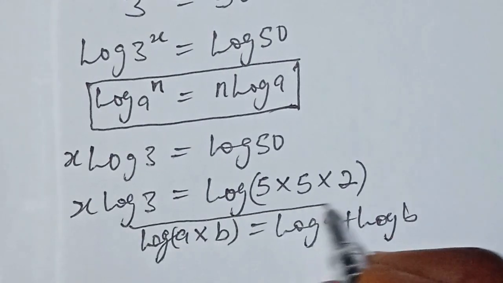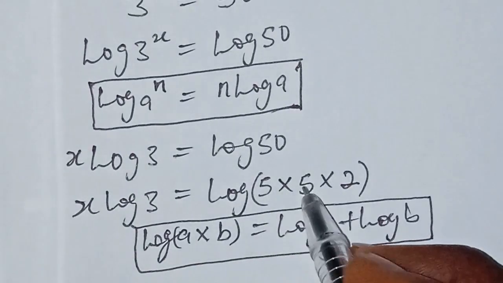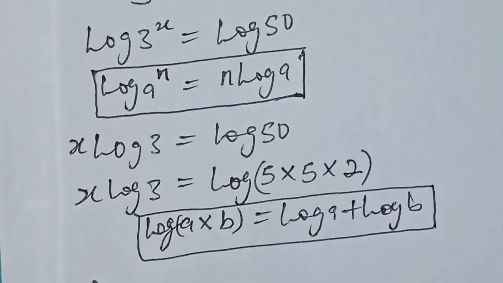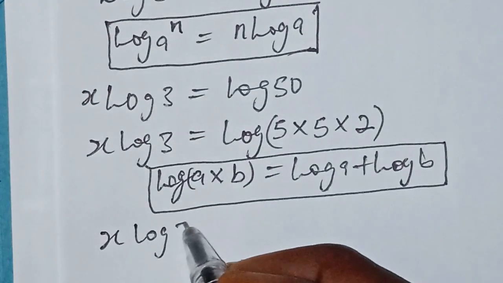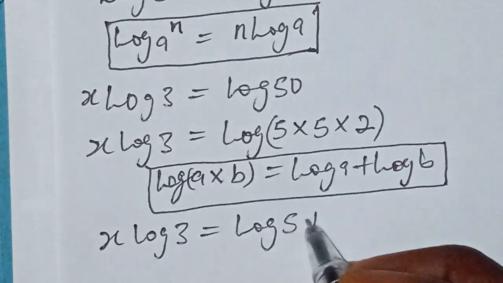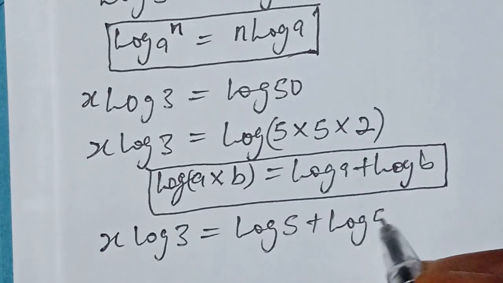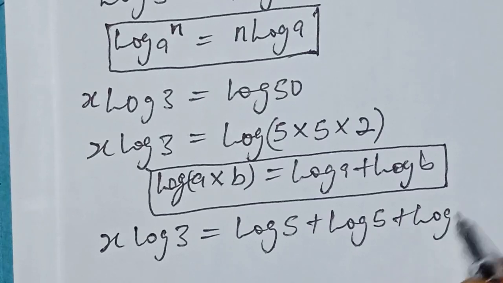So using this identity, we approach the right hand side. And our next step becomes x log 3 equal to log 5 plus log 5 plus log 2.